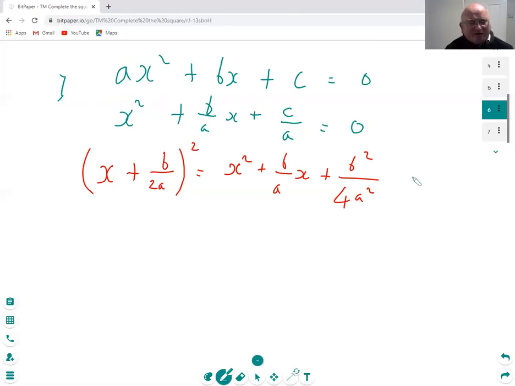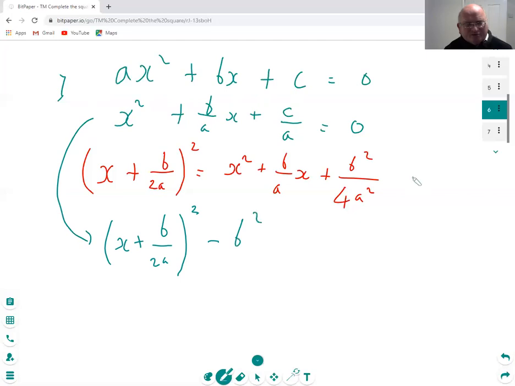So if we're going to rewrite this whole thing here, down here, as x plus b over 2a squared, that covers that bit, but it also gives this extra bit. So we've actually got to take that bit off, because that doesn't appear here.